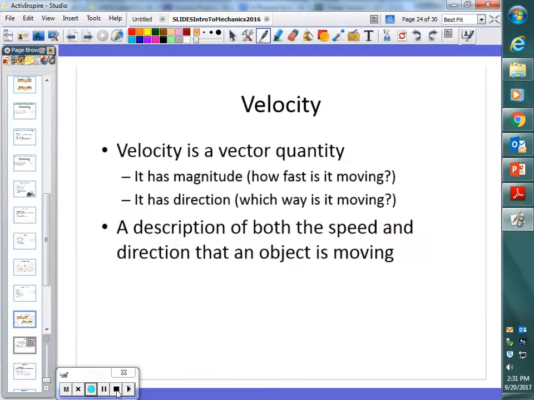So velocity is a vector quantity. It has magnitude. In this case, the magnitude is how fast something is moving. But it also has direction. And like we talked about, in one dimension, on a straight line, what are the only two directions something can go? Left or right, or up or down, or front or back, right? But we distinguish that by doing what? Positive or negatives, right?